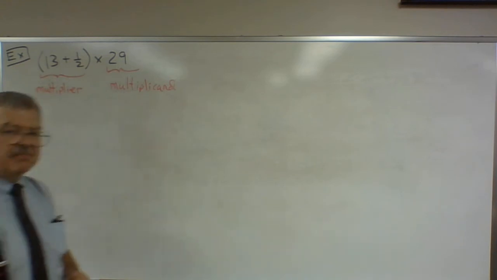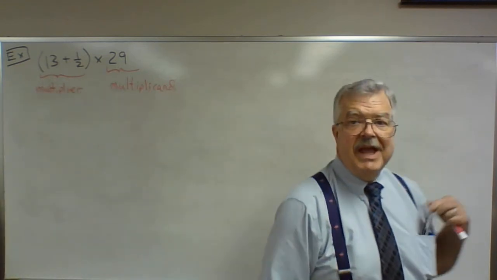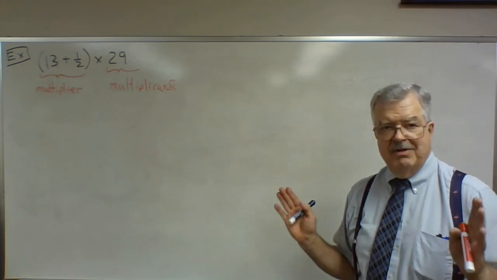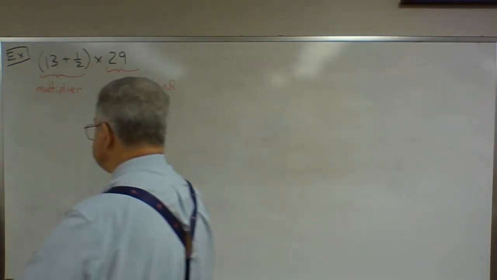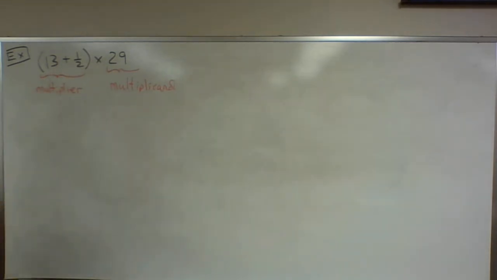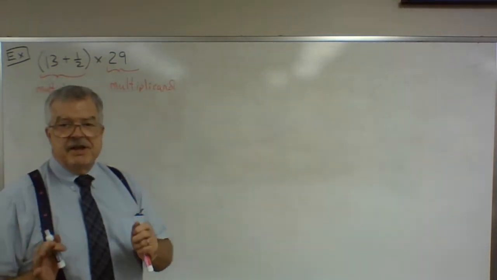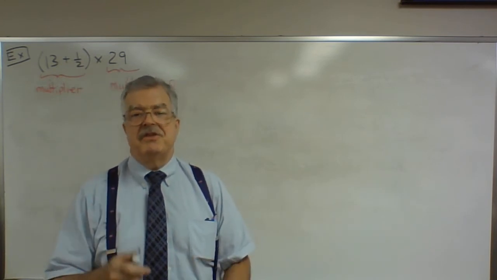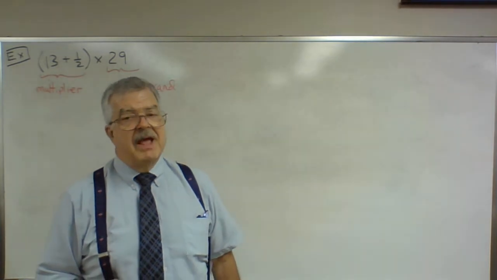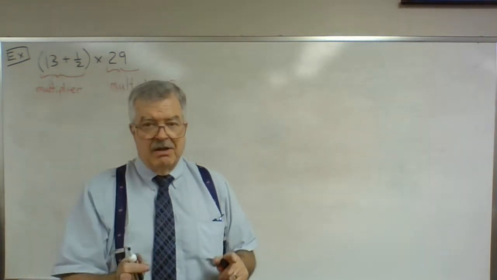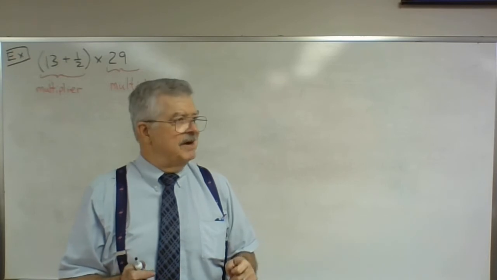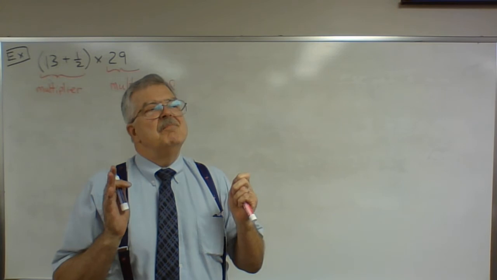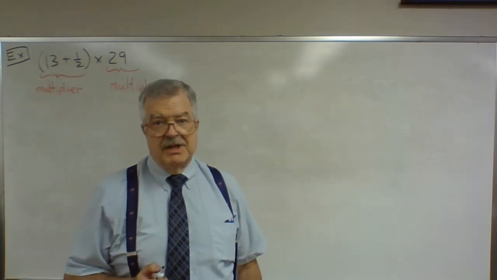Now that we have that established, let's just follow the algorithm. First thing we do, decompose the multiplier into the sum of distinct powers of 2. And I'm going to do this column-wise just for the sake of making it more obvious visually what we're doing.